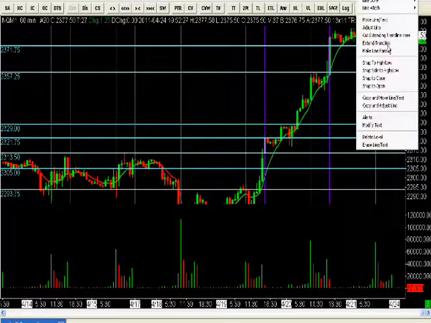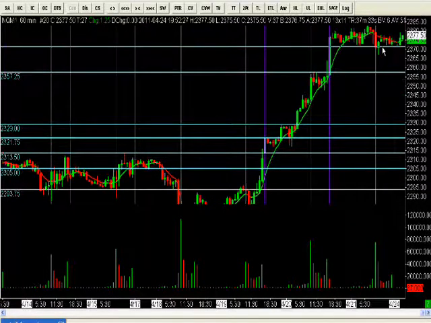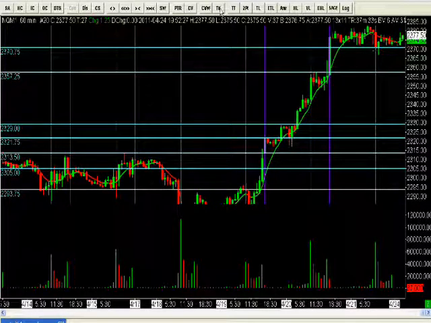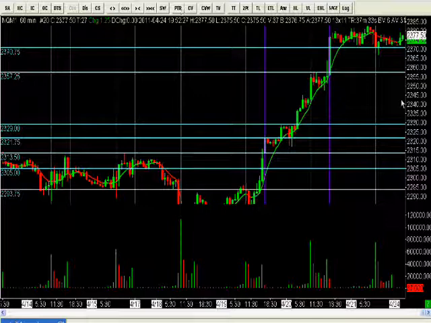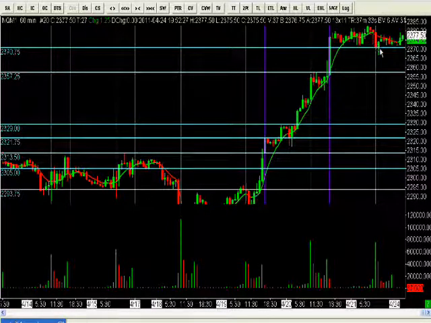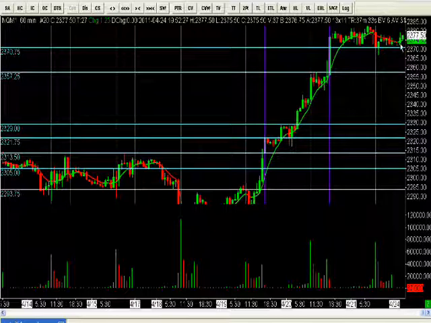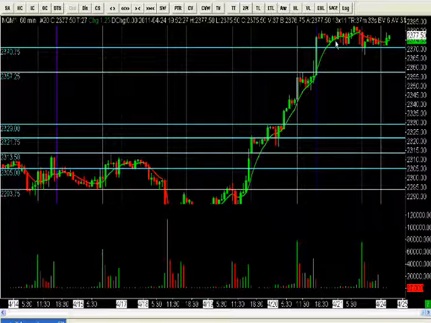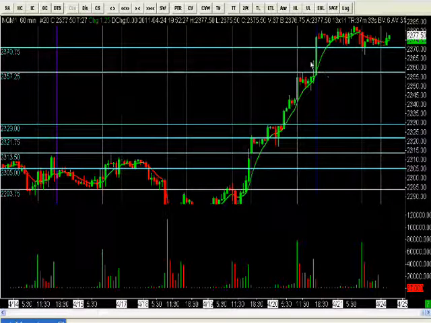Actually, I'm going to move it down just a little bit, just a little bit lower because of these 2 bars right here, where they opened and closed, and it falls right in line with the same vicinity here. So we'll use that.